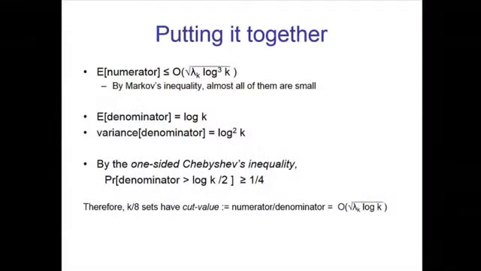Okay? So at this point, we are sort of done. I showed you that the expected value of the numerator is square root lambda k log cubed k. So using Markov's inequality, something like 99% of the numerators are smaller than some 100 times this. And I can bound the denominator by using Chebyshev's inequality. The expected value of the denominator is log k, and the variance is log squared k.